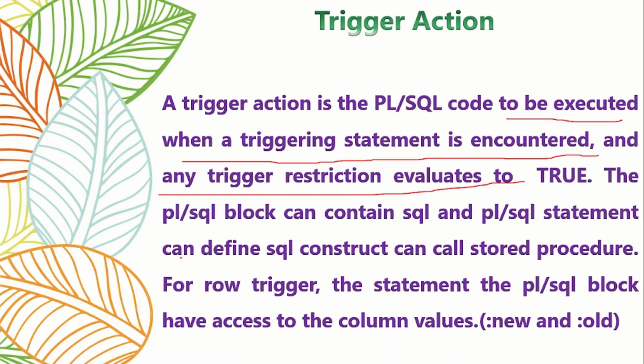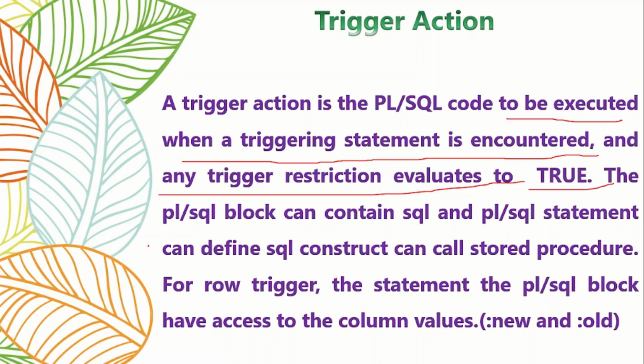But if we are going to enter a salary of 8,000, that insert statement will be called the triggering event. The triggering event is there. Now comes the trigger restriction. The trigger says if the salary is less than 10,000 and we are trying to enter 8,000, in that case the trigger restriction evaluates true.